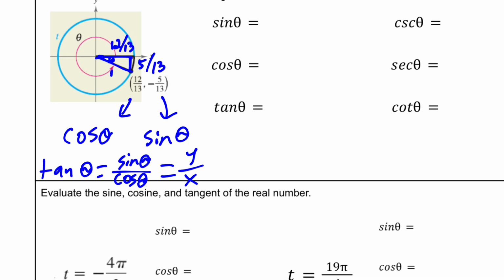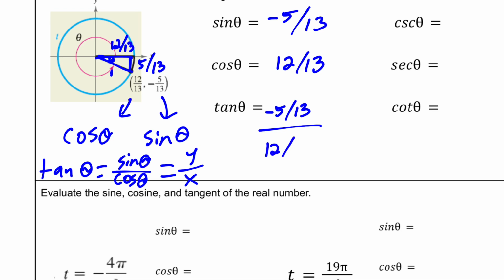As we think about these different ratios for sine, where are we going to be at? It's going to be negative 5 over 13, because that's all we have to consider is the y-coordinate. For cosine, it's just going to be 12 over 13. The tangent is going to be the ratio of those. So you could write it as negative 5/13 divided by 12/13, but since they're both 13ths, you can just write negative 5 over 12.